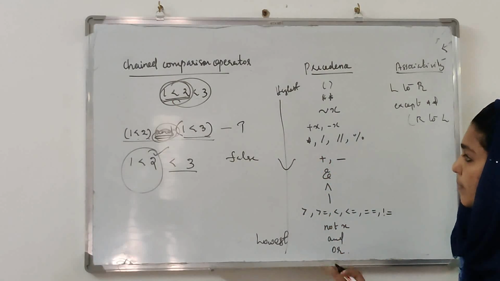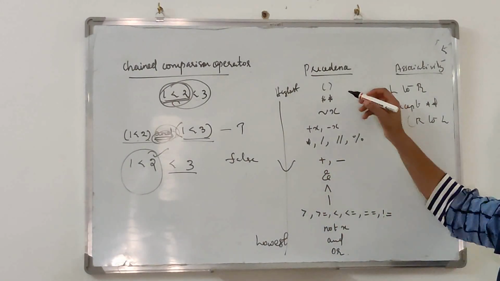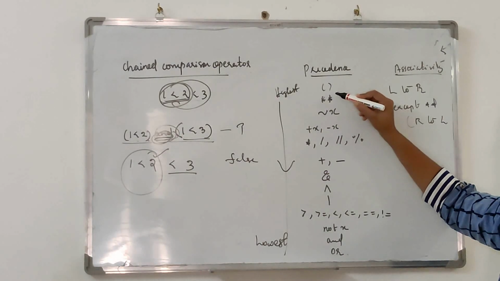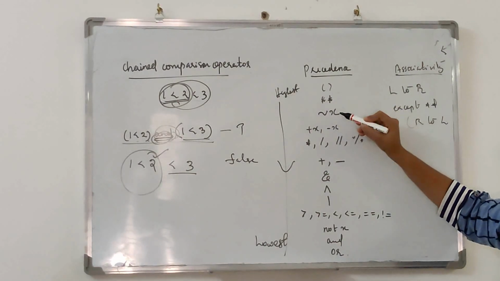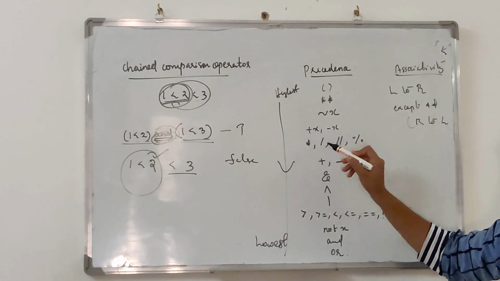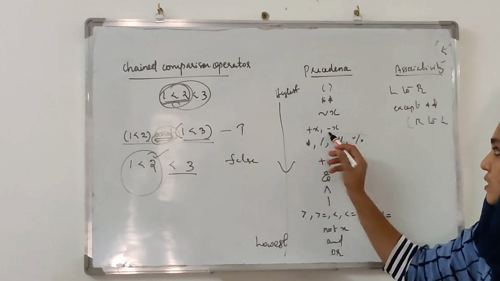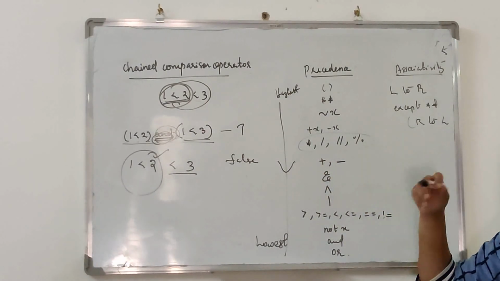So this is a table which shows the precedence of the operators. From this table, parenthesis has the highest precedence, then exponentiation, then bitwise NOT, then unary plus, unary minus, after that multiplication, division, floor division, modulus. These 4 operators have the same precedence.